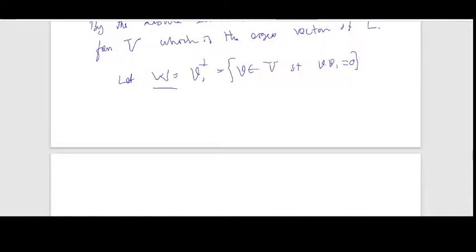Then clearly W is a subspace of V, of dimension equal to dimension of V minus 1, which is equal to k.